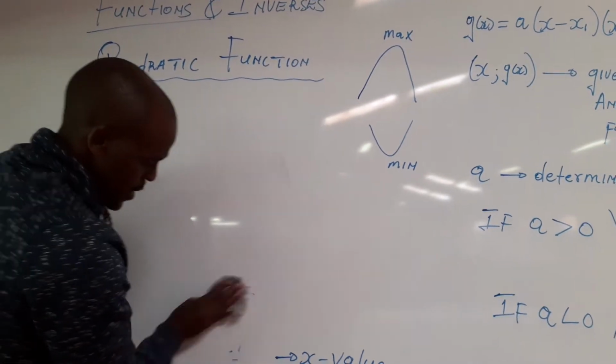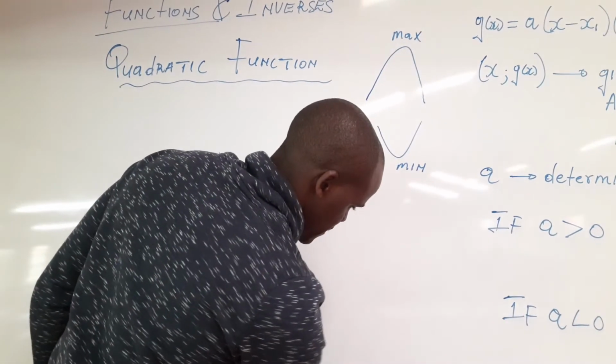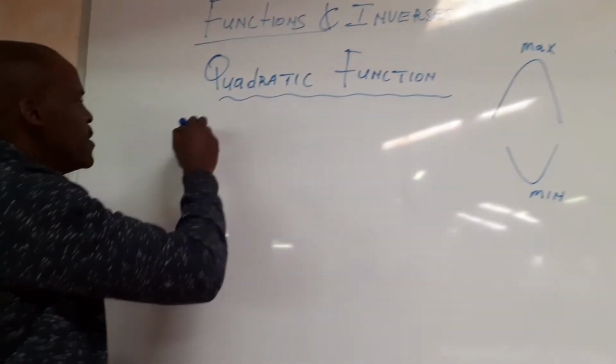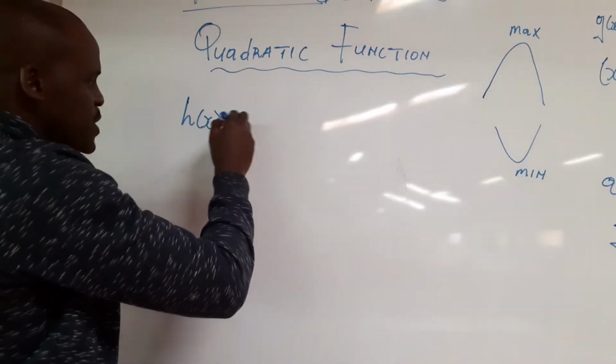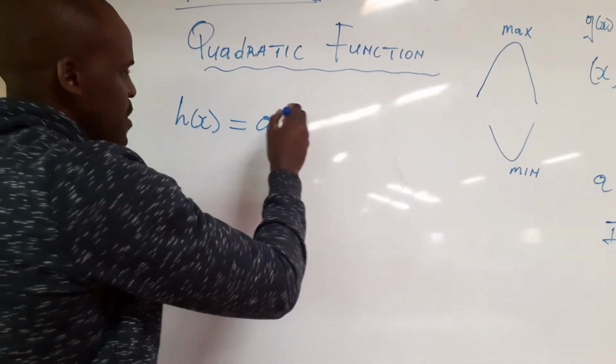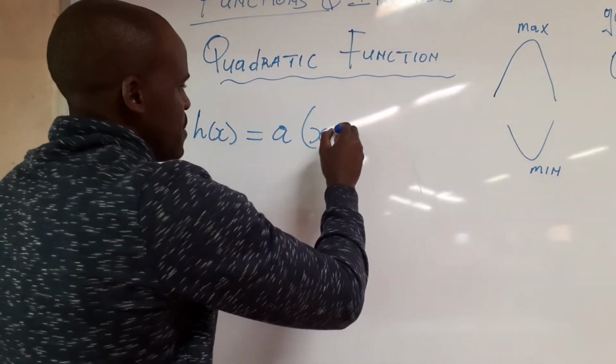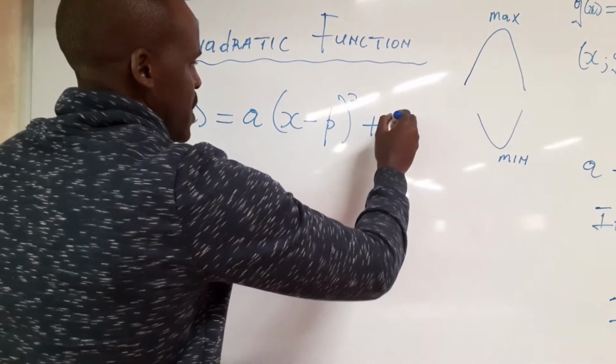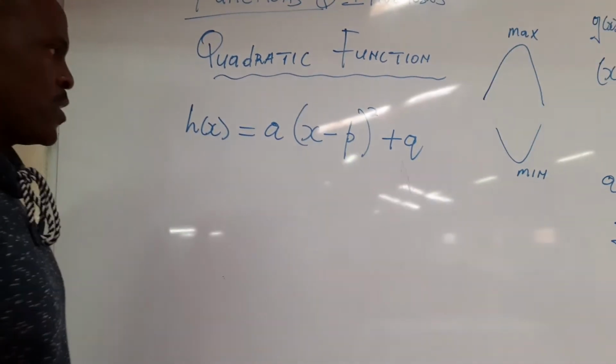Right, and then we've got again this equation: h at x is equal to a into x minus p all squared plus q.